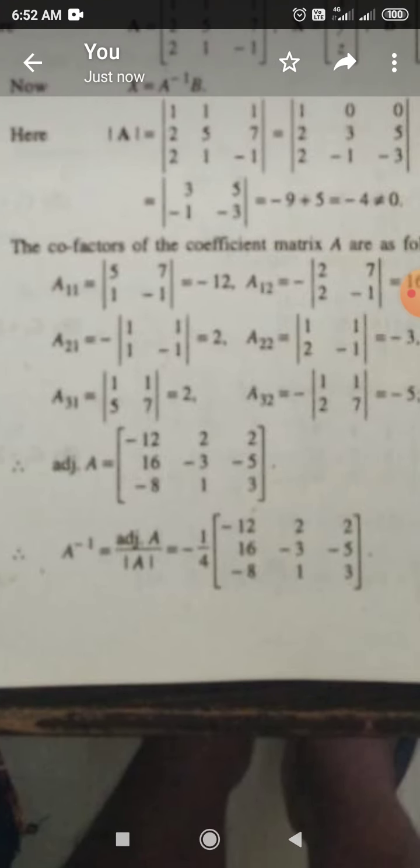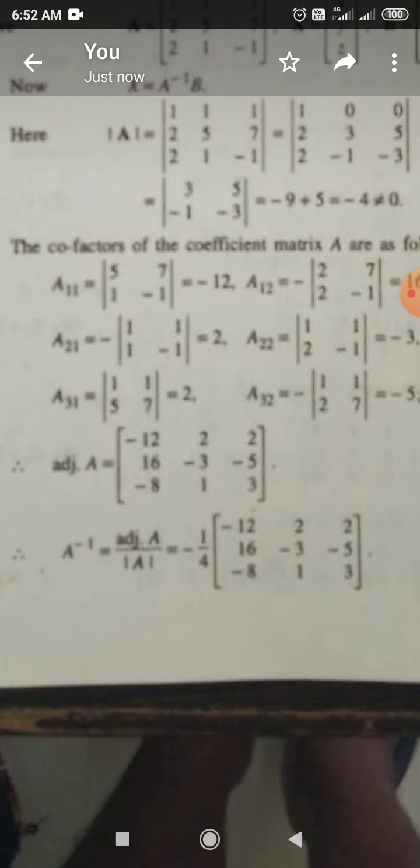So in order to find all the cofactors, there are 9 cofactors here.